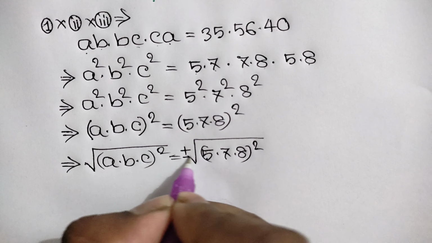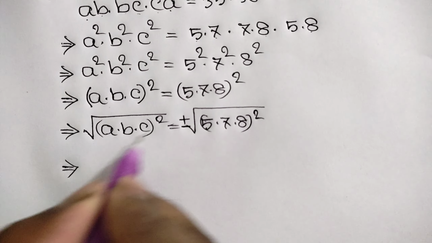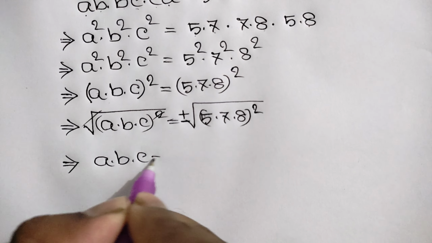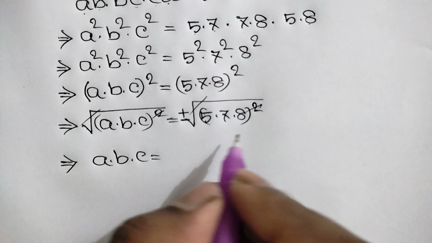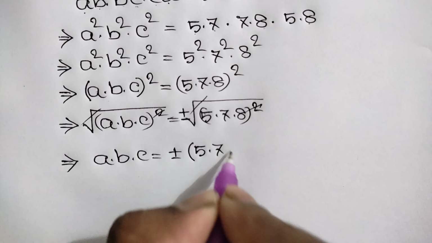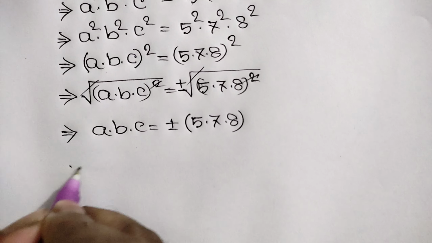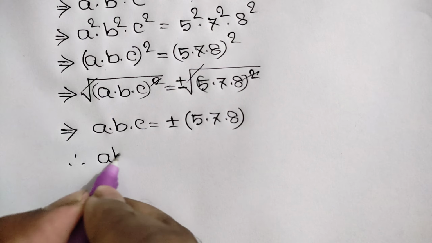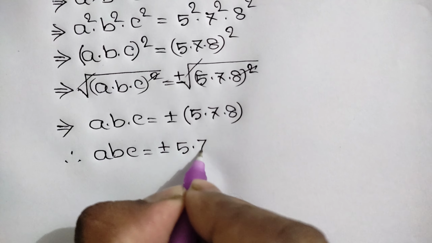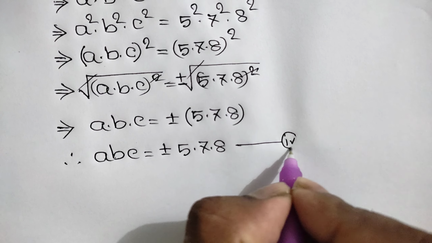Obviously here plus or minus, this cancels out this, so here we will get a times b times c is equal to plus or minus 5 times 7 times 8. So finally we will get the value of abc is equal to plus or minus 5 times 7 times 8, and it is called equation 4.